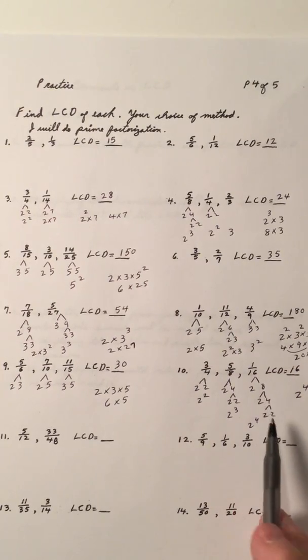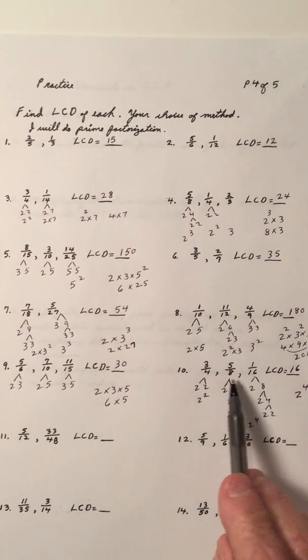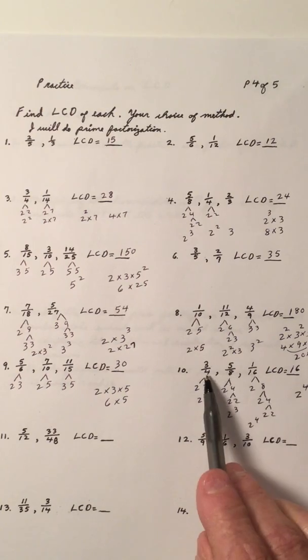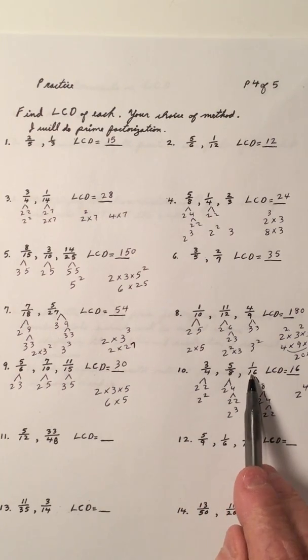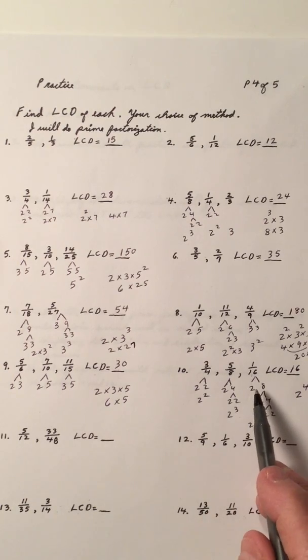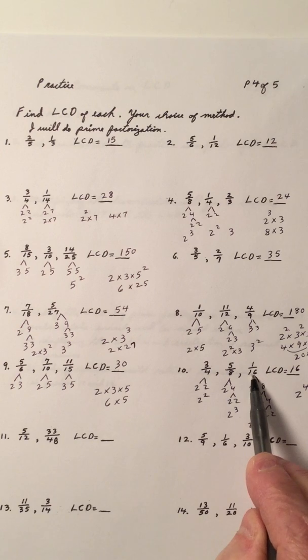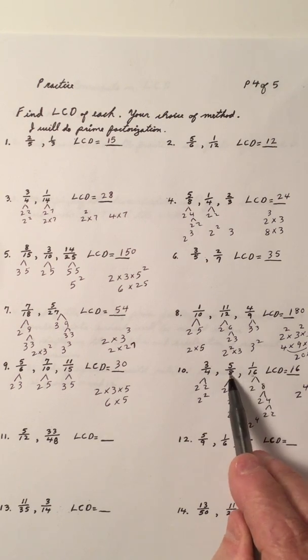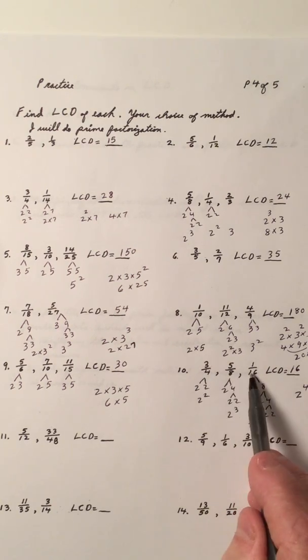If you notice that, again, 4 and 8 can divide into 16, so there's your multiple, there's your least common denominator. Also notice that for the least common denominator of 16, 8 is in 16, 4 is in 16.